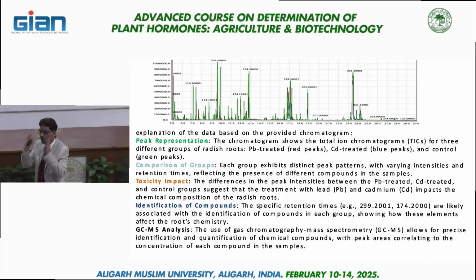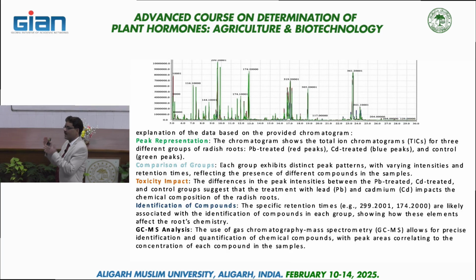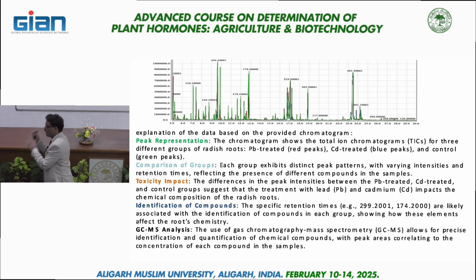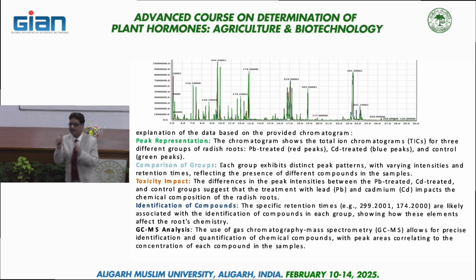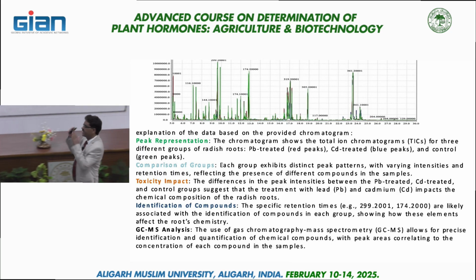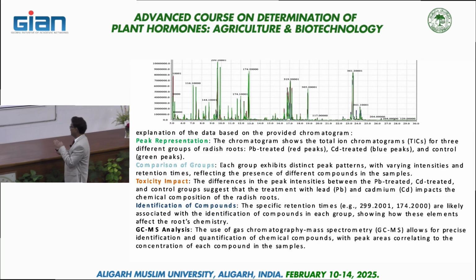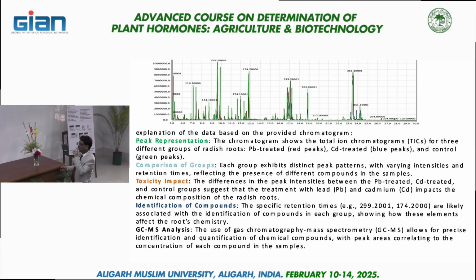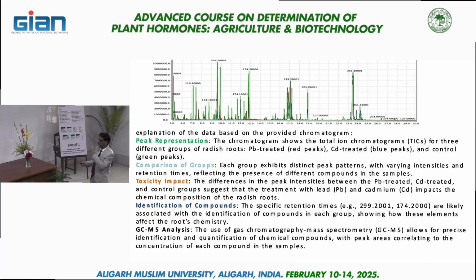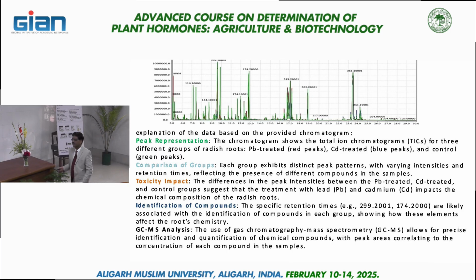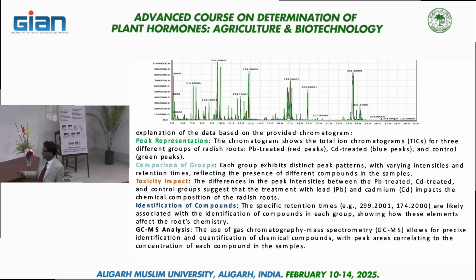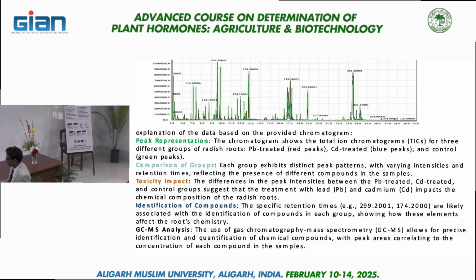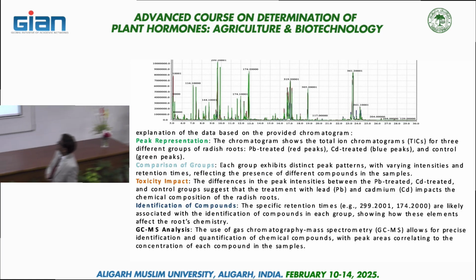So each particular group has a particular retention time on the basis of which a particular hormone or compound can be identified very easily, and GCMS analysis, the use of gas chromatography mass spectrometry, allows precise identification and quantification of our compounds, with peak areas correlating to the concentration of each compound.